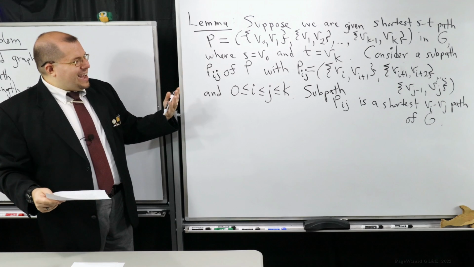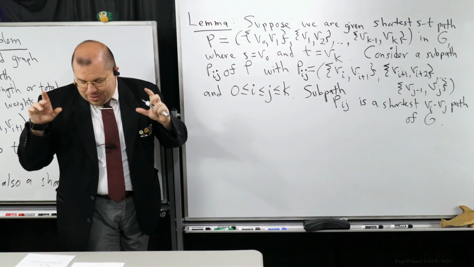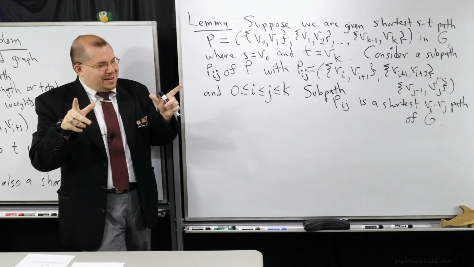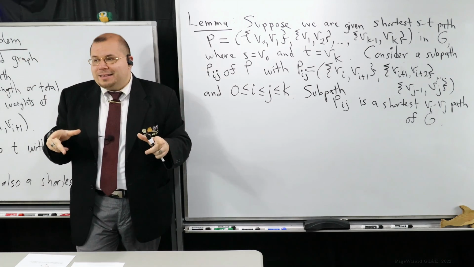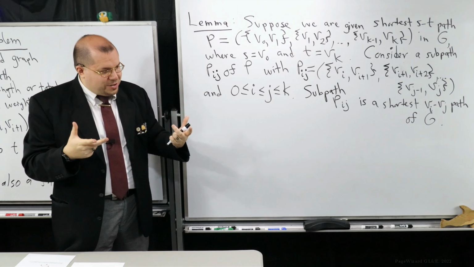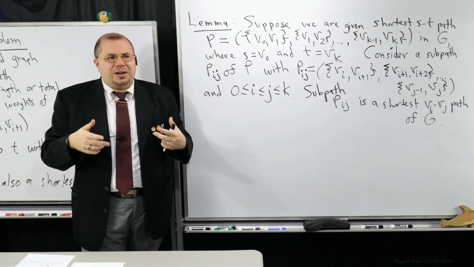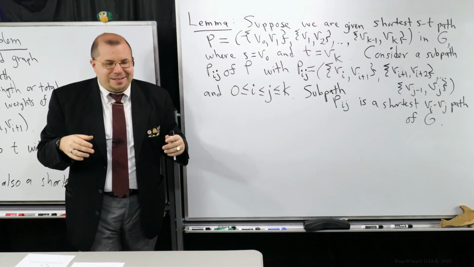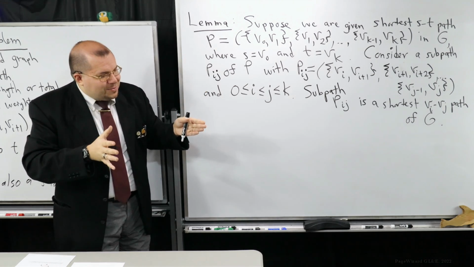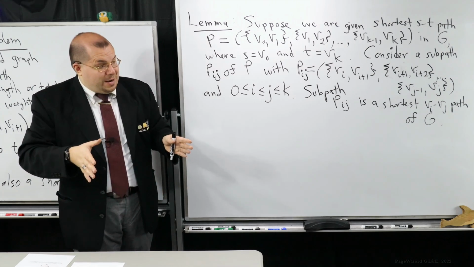So you might say, Dan, how are we going to go about this? I want to give you the game plan I have in my head. This is a nice technique you can use in a lot of different contradiction proofs, specifically those where a problem exhibits something called optimal substructure. That means that within a given optimal solution, you can find optimal solutions that you can decompose from it.